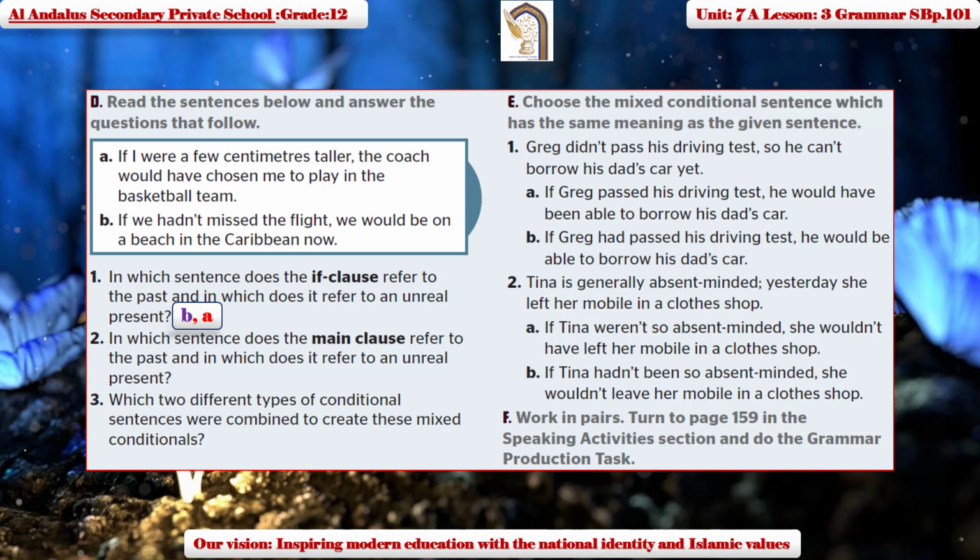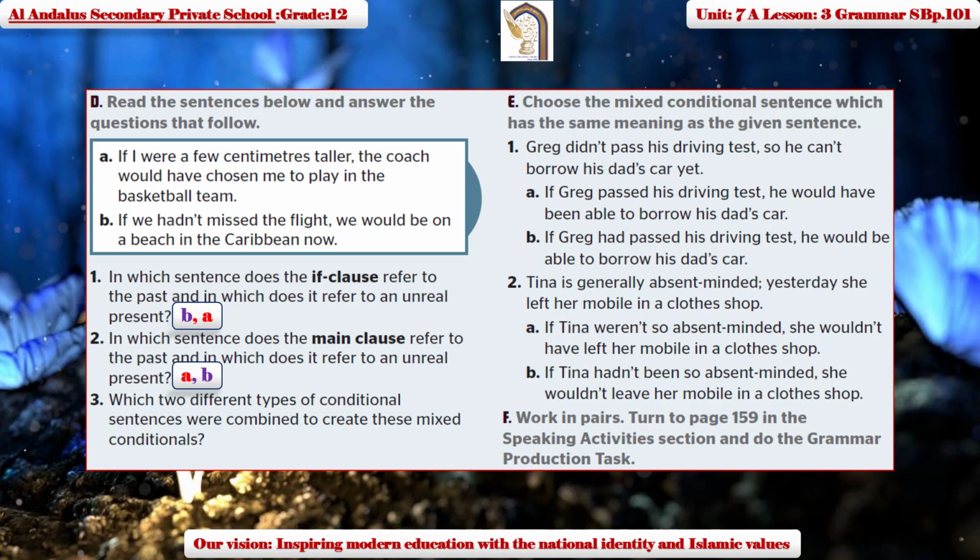Good job, gentlemen. Question 2. In which sentence does the main clause refer to the past, and in which does it refer to an unreal present? That's very good. In sentence A, the main clause refers to the past. Meanwhile, in sentence B, it refers to an unreal present.